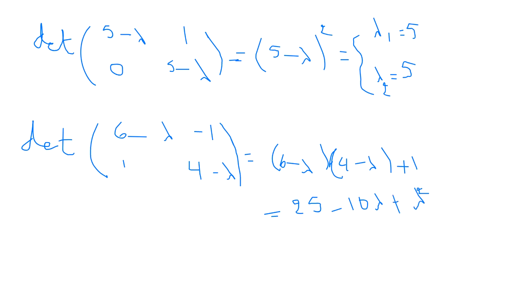So it's again 5 minus lambda squared, which means that lambda equals 5 is again a repeated eigenvalue. So you can check that this cannot work for this matrix.